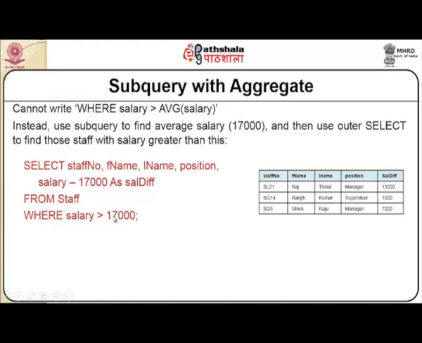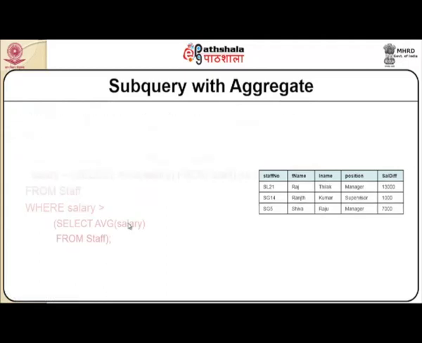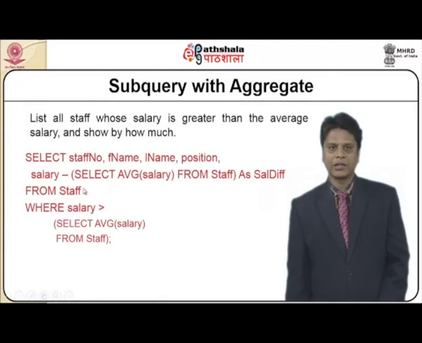So this is another format of writing, but to understand this easily, we would have performed our own manual calculation to present 17,000 as the average salary and salary greater than 17,000. To avoid this, we have gone for representing in this manner. So I repeat this particular query, select this list of values.